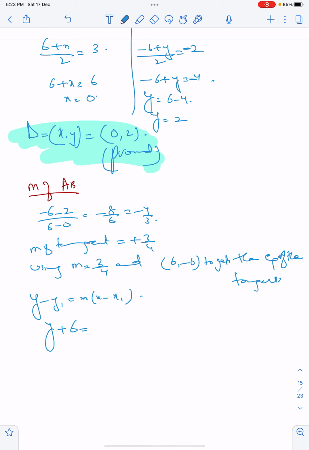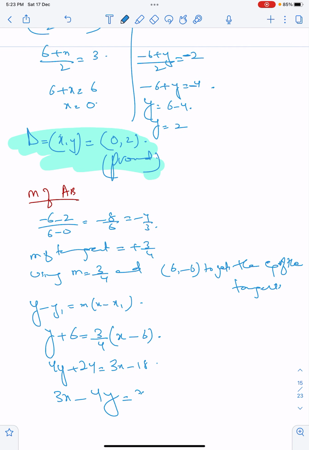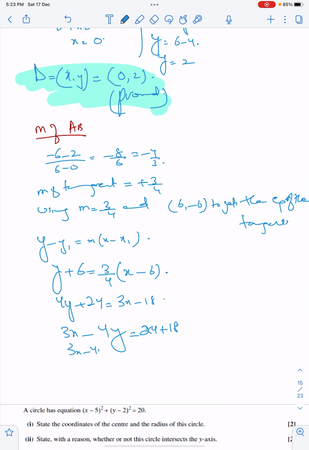So y plus 6 equals 3 upon 4 times x minus 6. Cross multiplying, 4y plus 24 equals 3x minus 18. 3x minus 4y equals 24 plus 18. 3x minus 4y equals 42. This is the equation of the tangent.